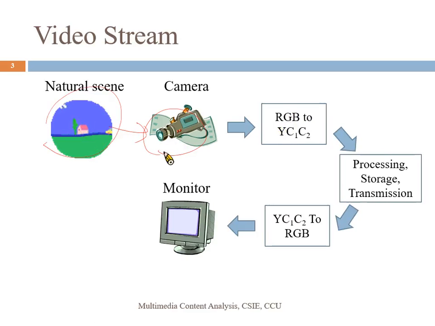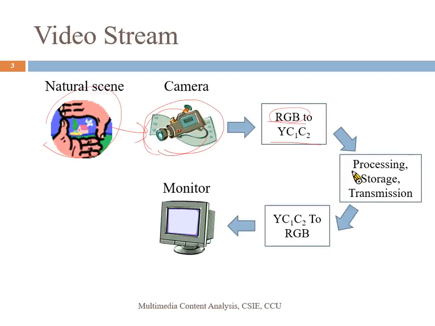In the hardware system, we usually use the RGB color model to represent color information. But to more efficiently do data compression, we have to transform the RGB color space to C1 and C2 space. That is usually YCbCr space or YUV space.